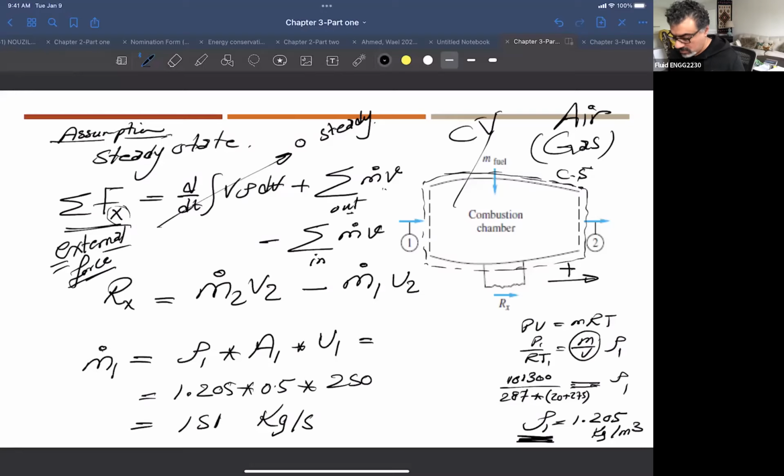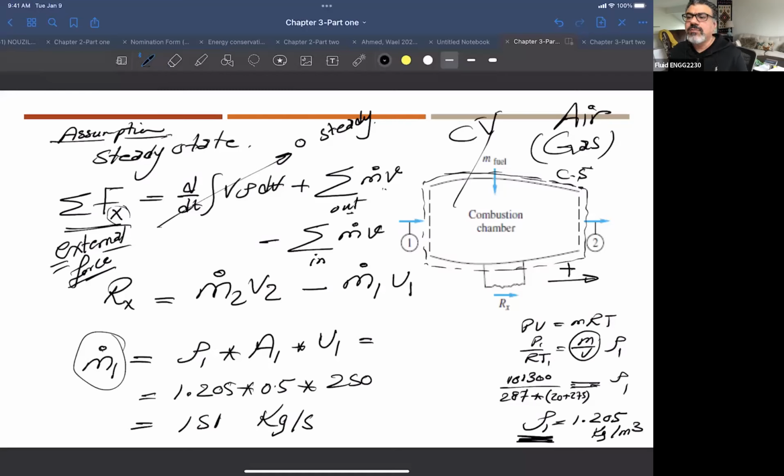Yeah, that's fine, but I'm just getting the mass, only the mass. Oh, I'm sorry, yeah, you're right. I like that you're insisting to correct me. Thank you. Sorry, it's the mass 2. So the mass 1 is 151 kilograms per second.